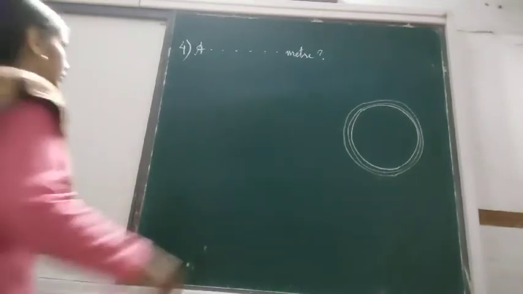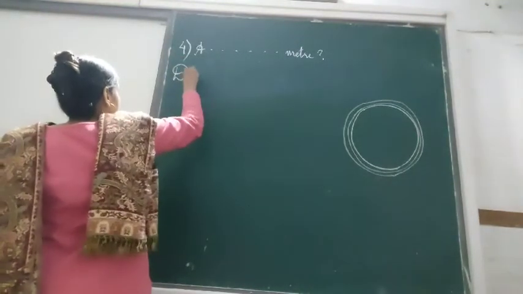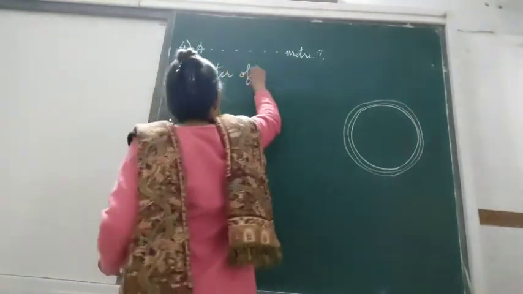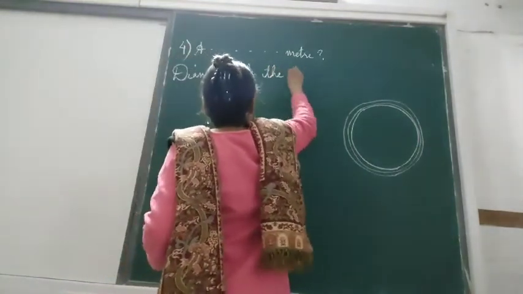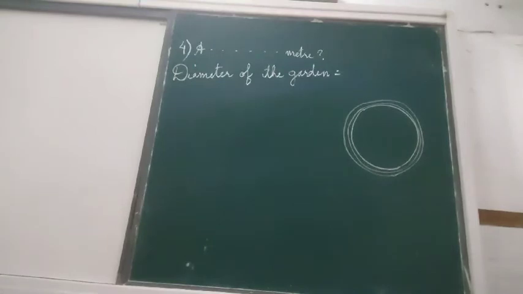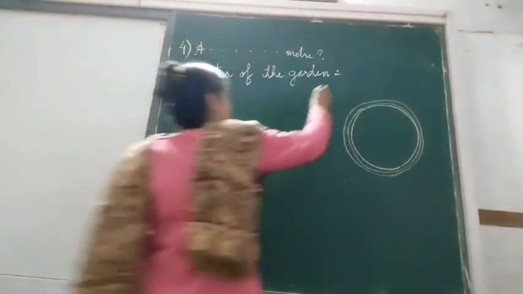So let's start. First, what is given? Diameter of the garden is given. How much? 21 meters.